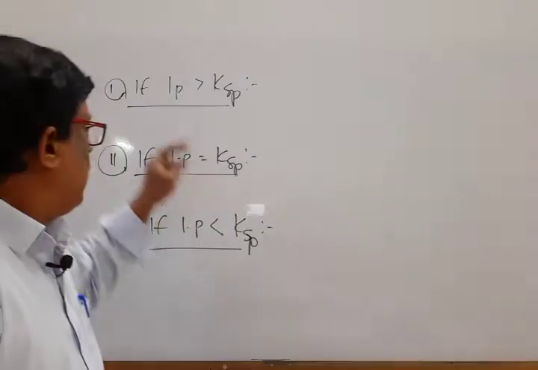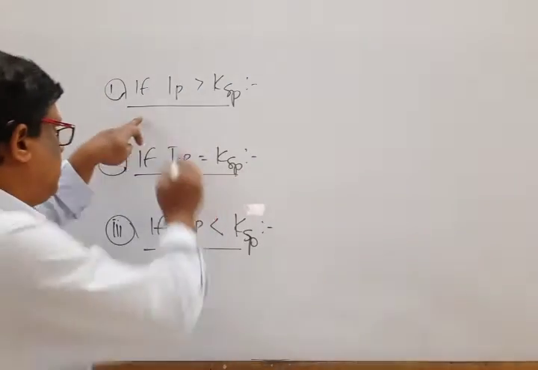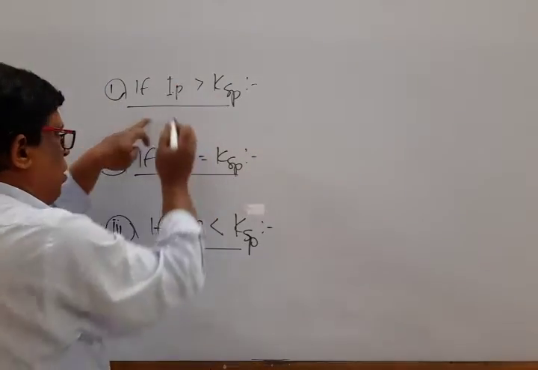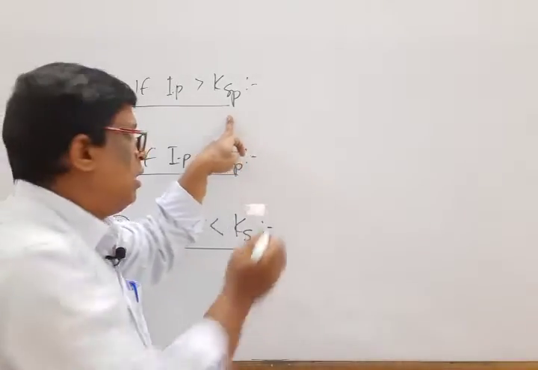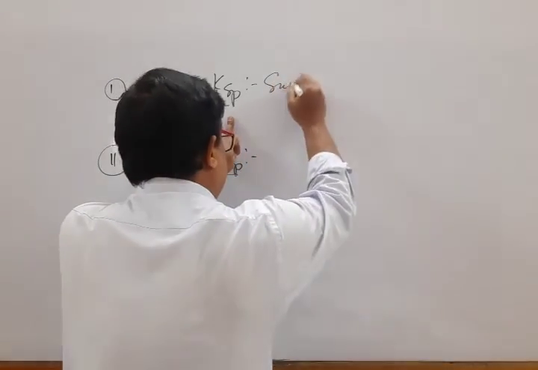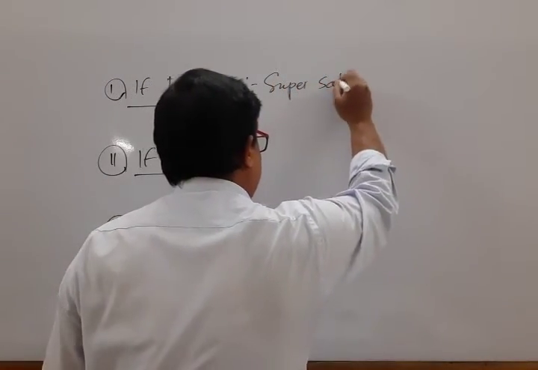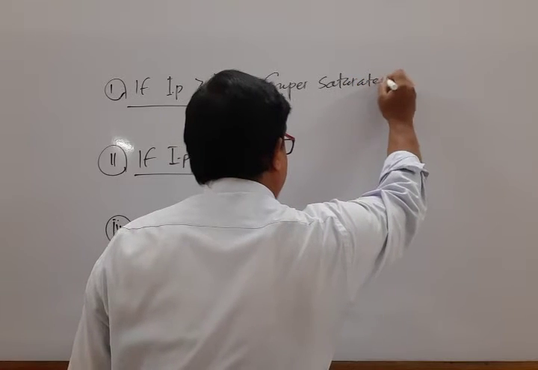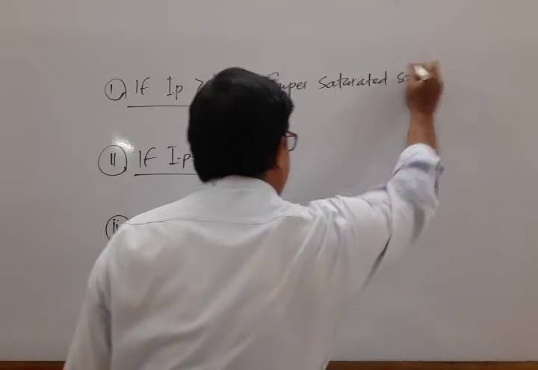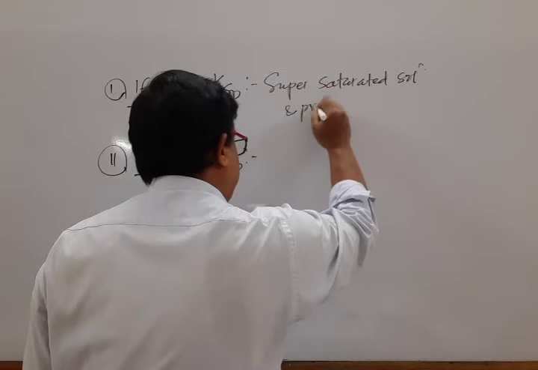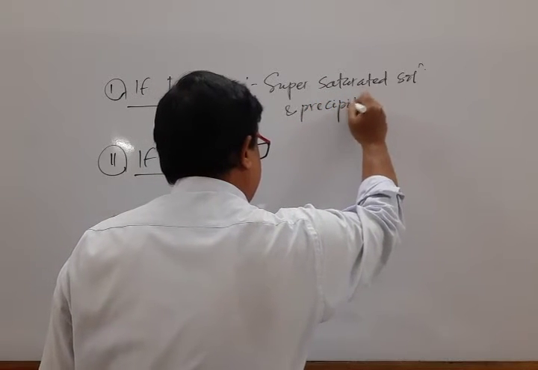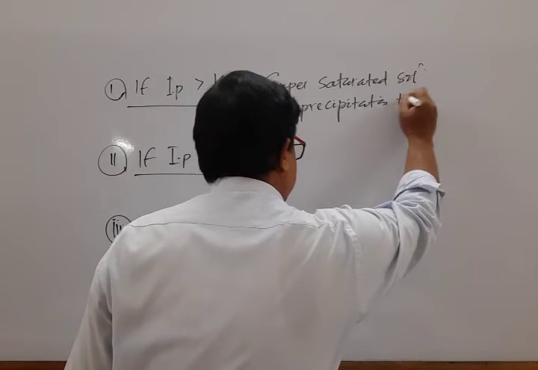Mark that. If ionic product exceeds its solubility product, then the solution is known as supersaturated solution, and precipitation takes place.